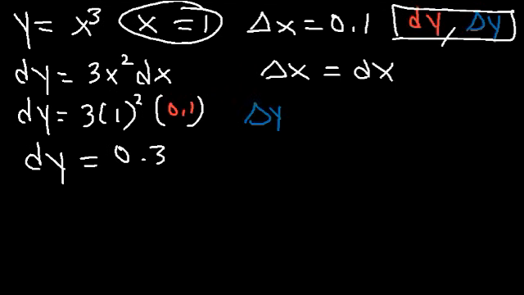So delta y is basically y2 minus y1. It's the change in the y values of the tangent line. Well, not the tangent line, take that back.